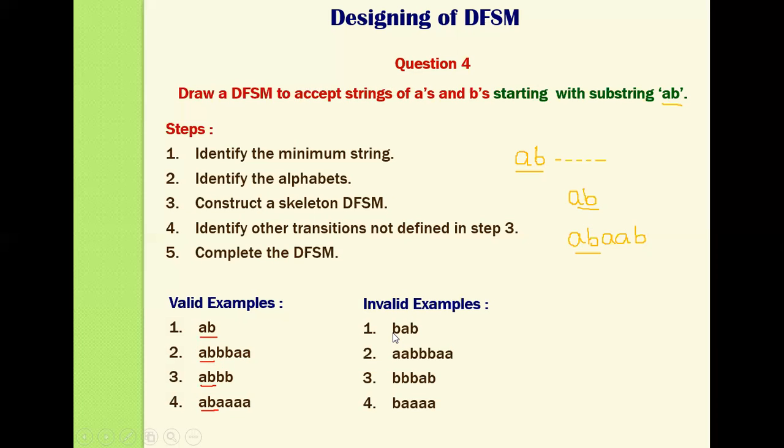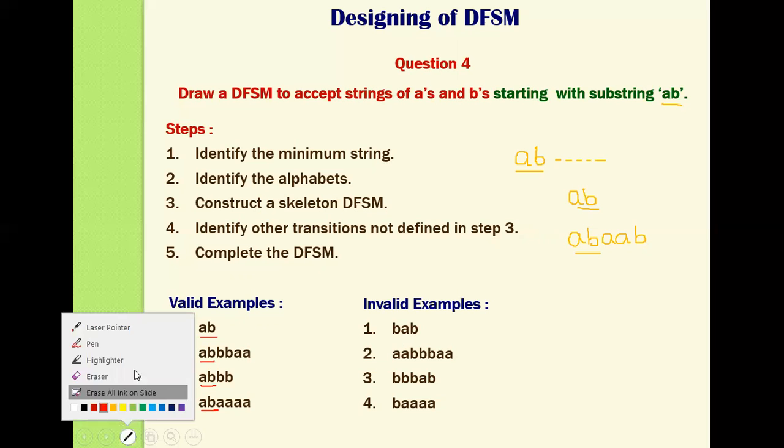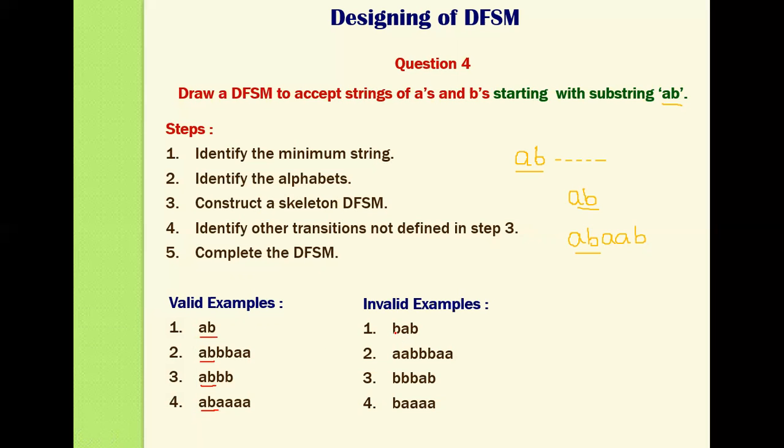Invalid strings start with B followed by A. Though I have AB here, it has started with B, so that is not valid. Again, this one has started with A but is not followed by B, it is followed by A again. So this is invalid. This one has started with B. Though this has started with A, it is followed by A again, or followed by B, followed by B. So they are all invalid strings.